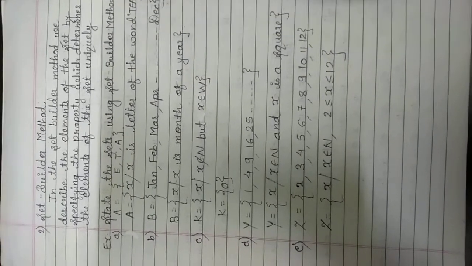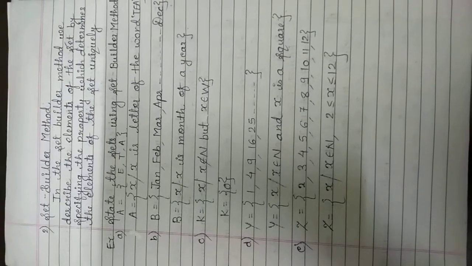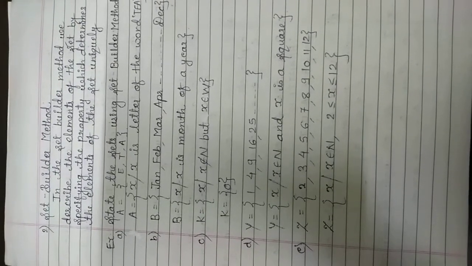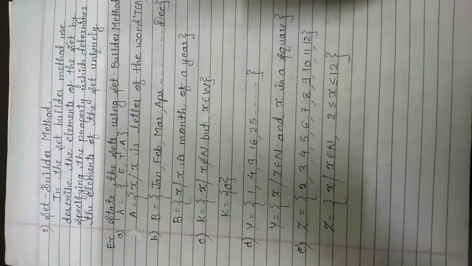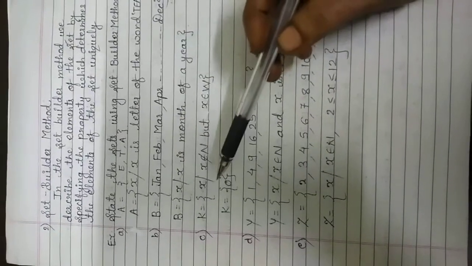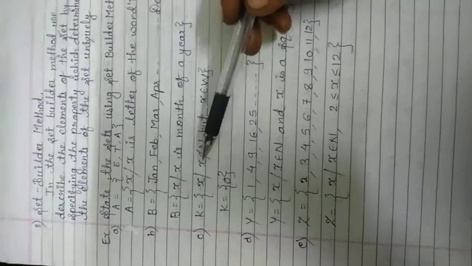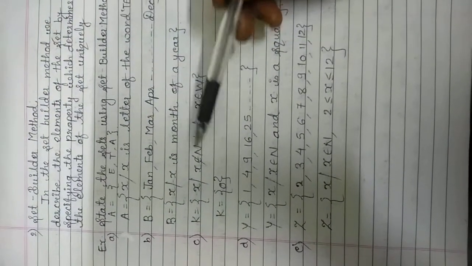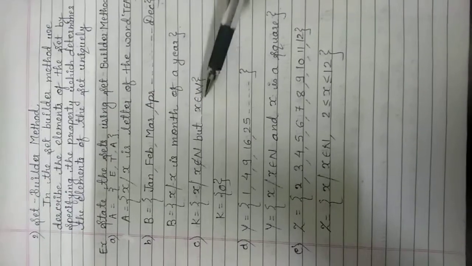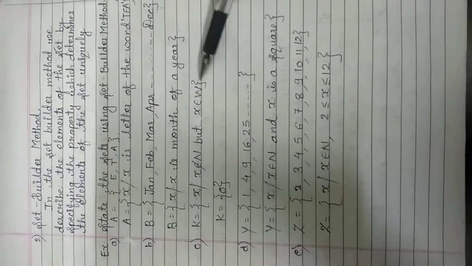That means it is very clear that 0 is present in the set of whole numbers but not in the set of natural numbers, and that's why our answer is k is the set of all x such that x does not belong to natural number but x belongs to whole numbers.